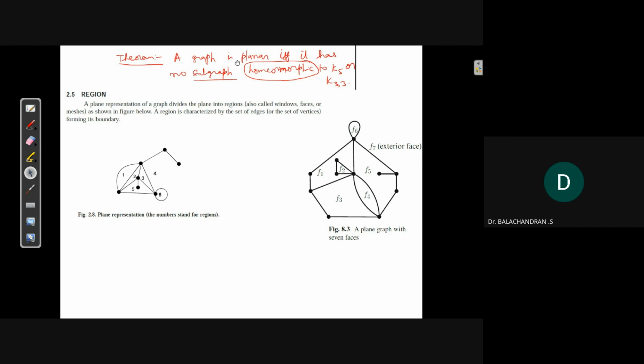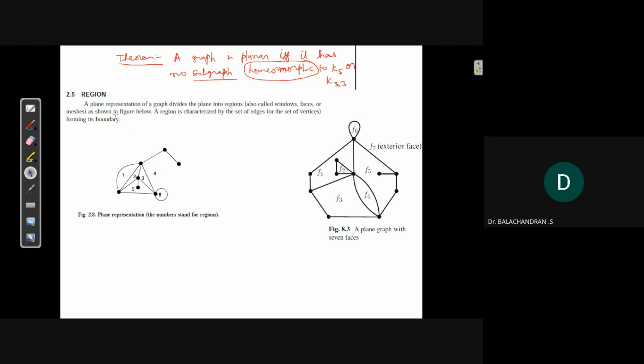Suppose I want to show that a graph is planar, it should not have K5 or K33 as a subgraph. That's all. Suppose a graph contains K5 or K33 as a subgraph, that graph is not planar.